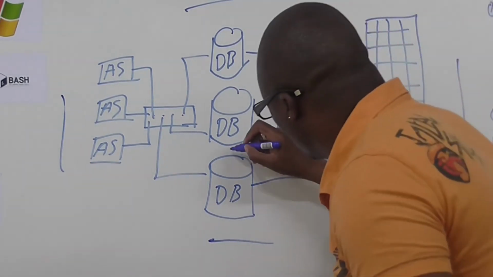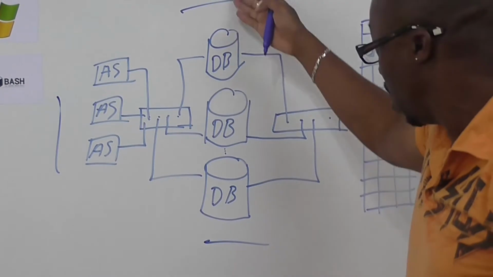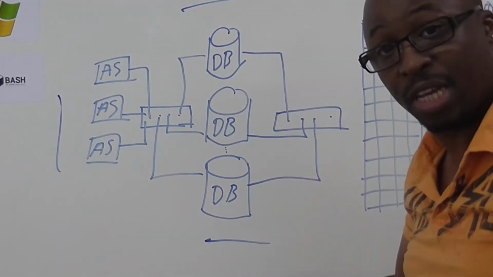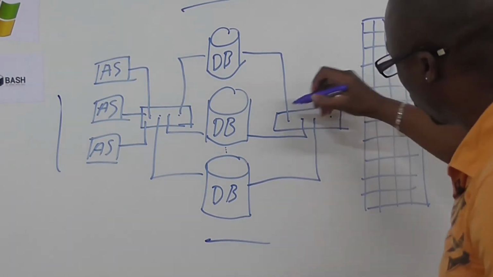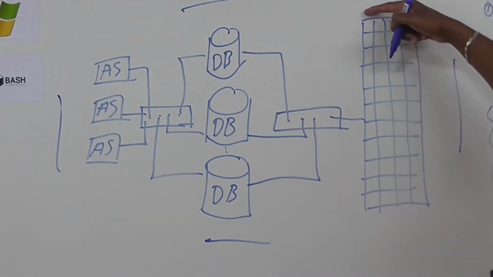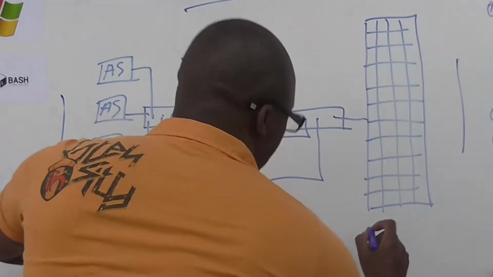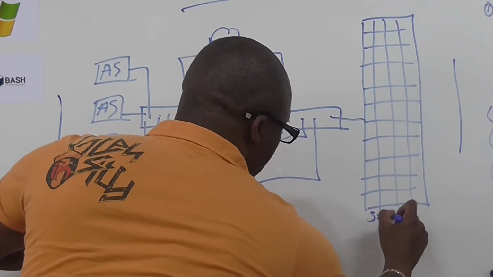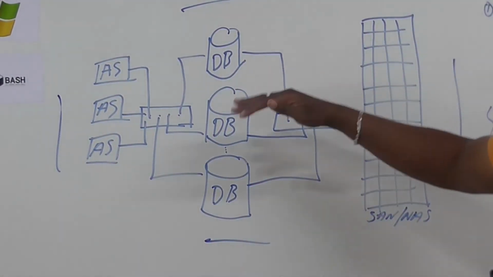Okay, I'll put a triple dot here to signify that it's not just three. You can have a cluster of databases. These databases are connected to a switch, and this switch is then connected to network attached storage. I'm not going to talk about the form of this storage because it could be SAN, it could be NAS. Yeah. So again, this is a very, very high level view.